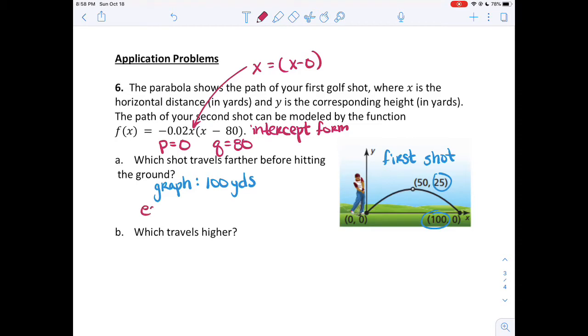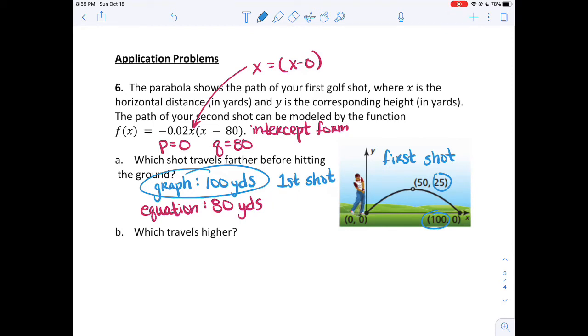So from my equation, I see that I went 80 yards, because that's when it hits the ground, or hits a y value of 0. Based on that, 100 is bigger than 80. So it's the graph, my first shot, that goes the furthest.